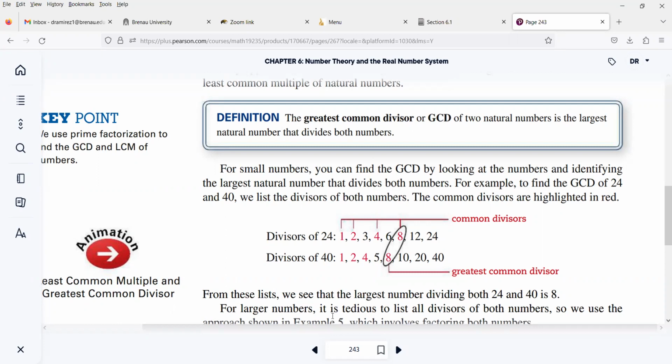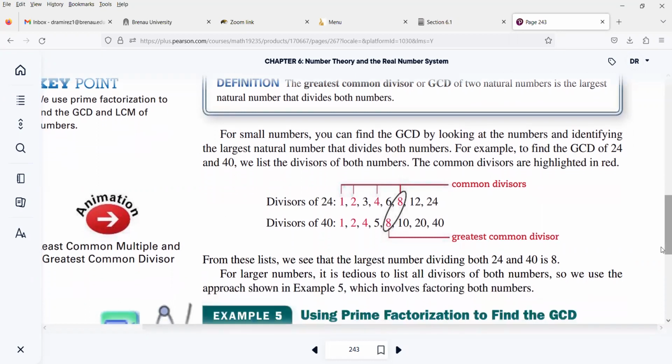But for large numbers, it's not going to be the most practical method. For larger numbers, it is tedious to list all divisors of both numbers. So we use the approach in example 5. That is, we're going to use prime factorization to find the greatest common divisor. So I'm going to do an example that is slightly different.